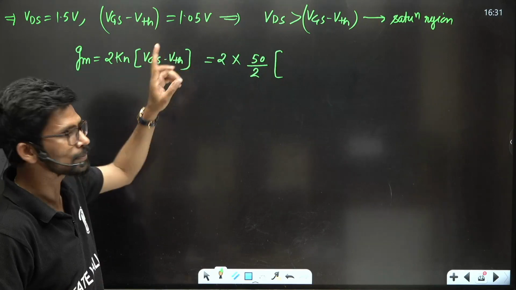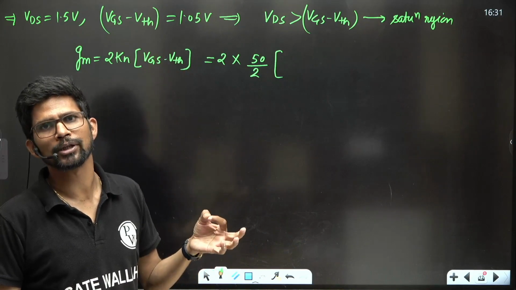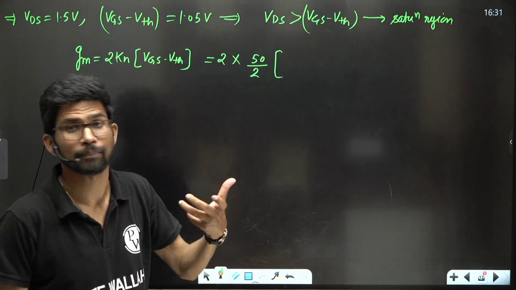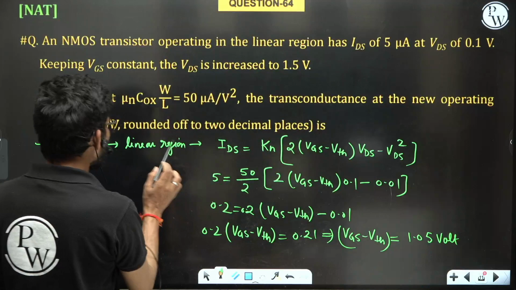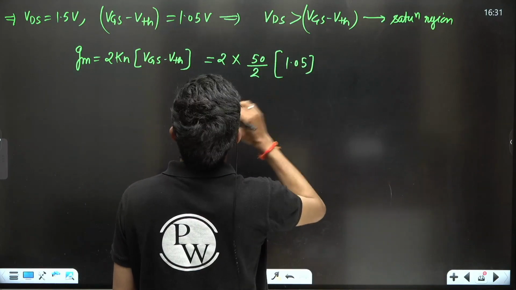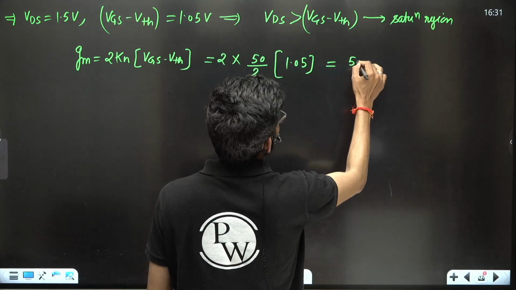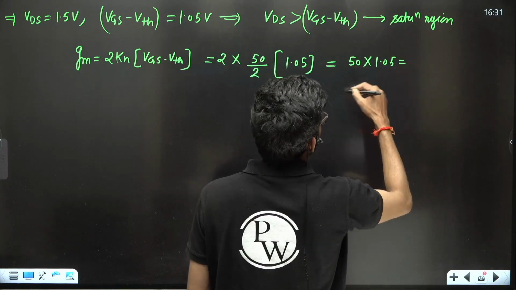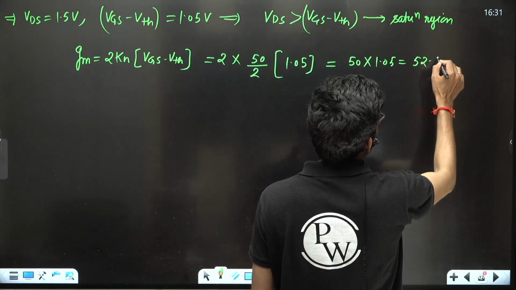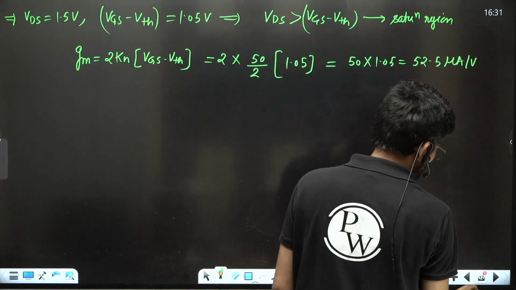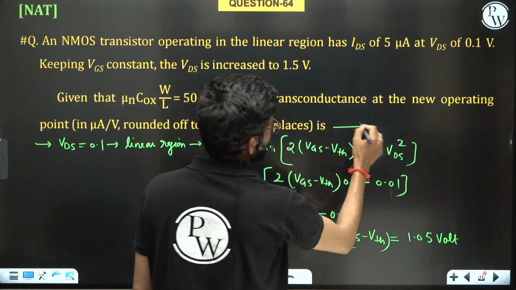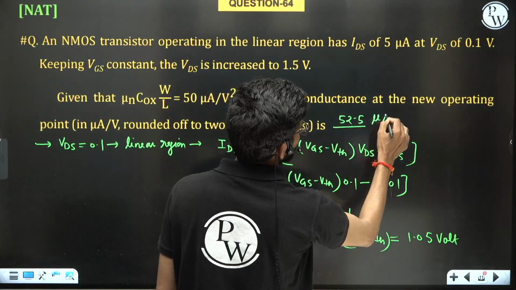If I put VGS minus VTH in volt, microampere per volt square into volt gives the unit of transconductance as microampere per volt, which is also what is asked. Put VGS minus VTH, which is the same 1.05. We get 50 into 1.05, which is 52.5 microampere per volt as your answer. What is the answer? It is 52.5 microampere per volt.